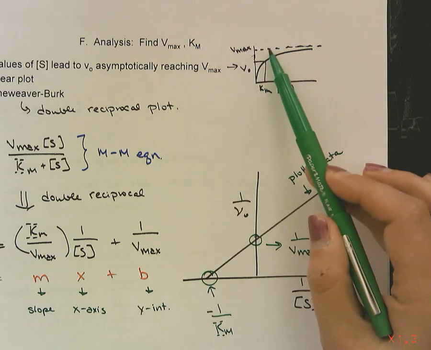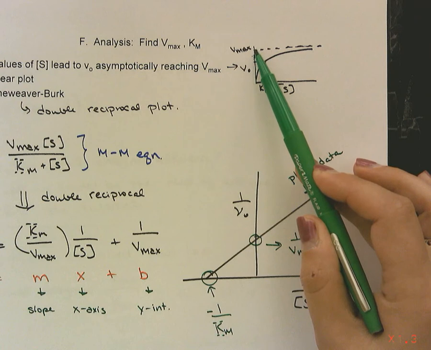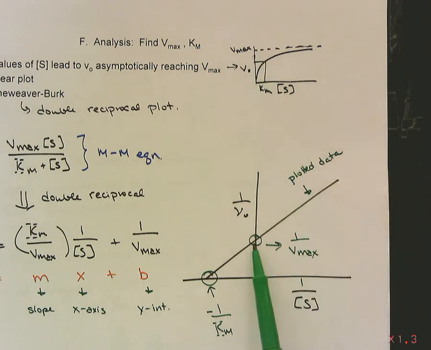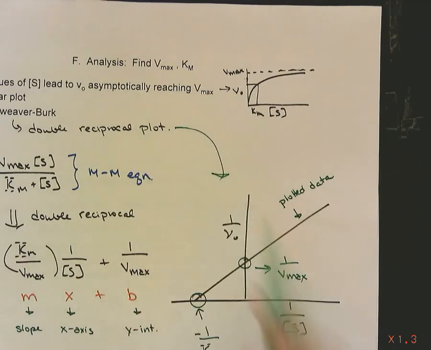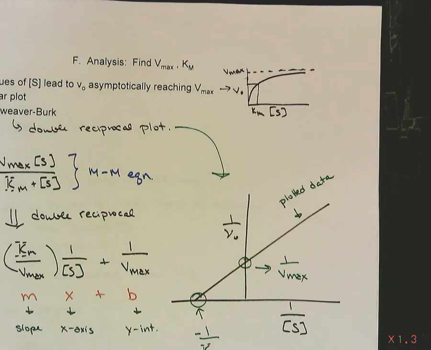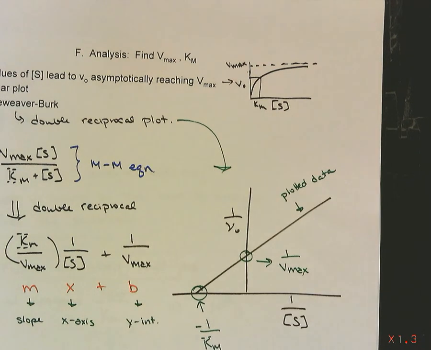And my Vmax is still a y value, but now it's where x equals 0. So it's all the same information, just pushed over to the side so that we can find it easily. This type of plot is the Lineweaver-Burk plot. It is the most popular way to plot kinetic data. Not the only way, but definitely the most popular.